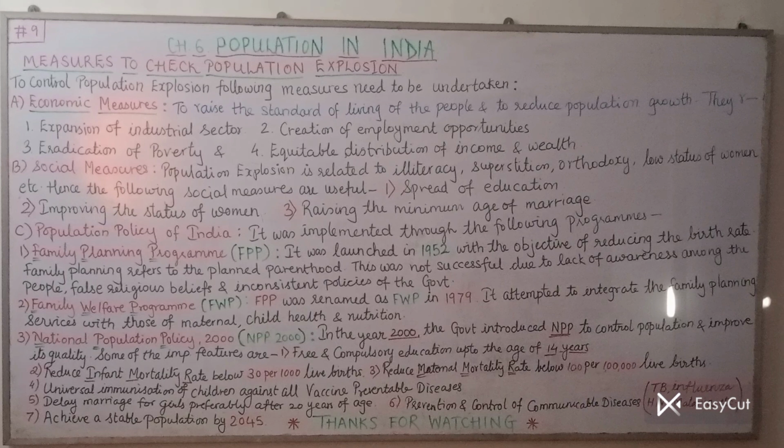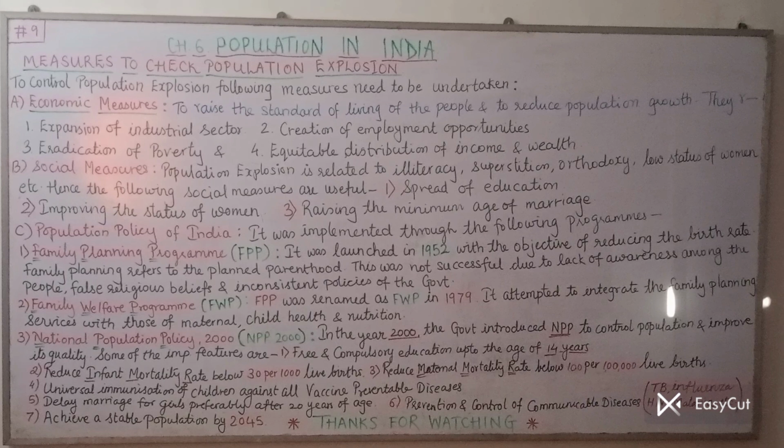All such kinds of diseases which are spread, those are called communicable diseases. For example, TB, influenza, HIV, malaria, even the coronavirus which we experienced recently, all such are communicable diseases. So those should be prevented and controlled.